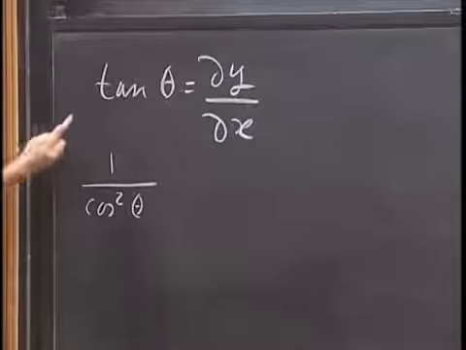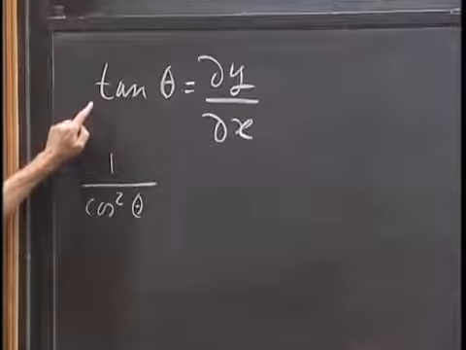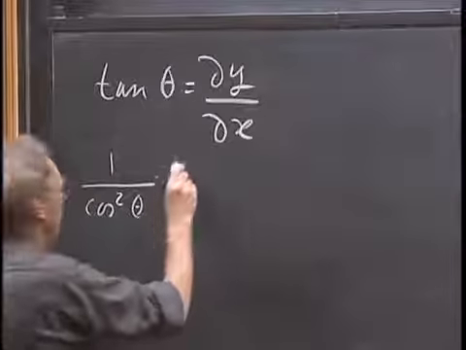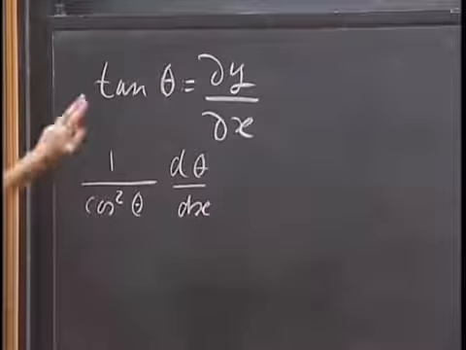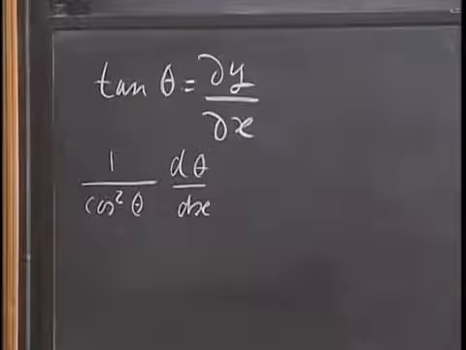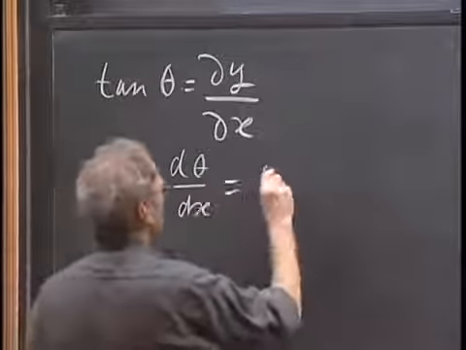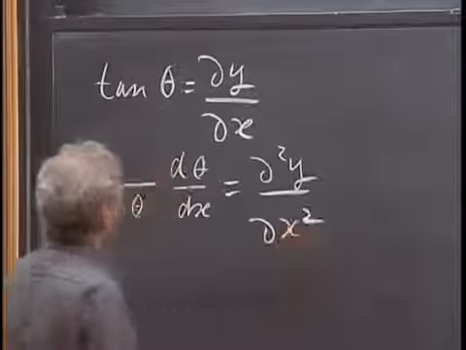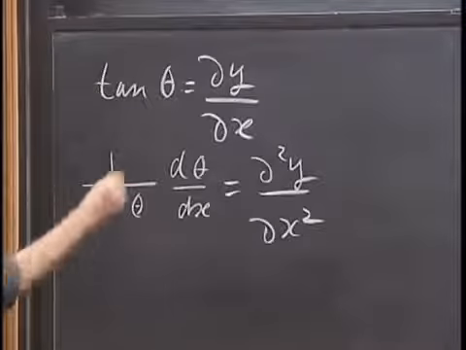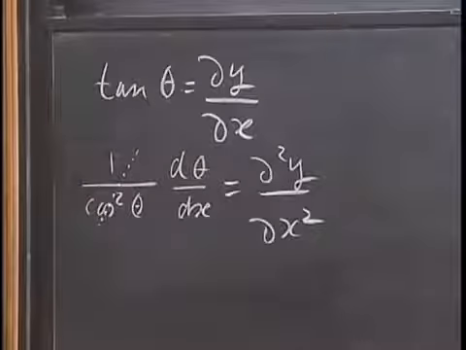So this is the derivative of the function itself. And then, of course, I have to multiply it by d theta/dx, because I take the whole function derivative in dx. And so here I get d2y/dx squared. But for small angle approximation, cosine squared of theta is 1.